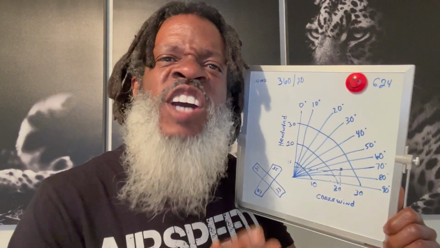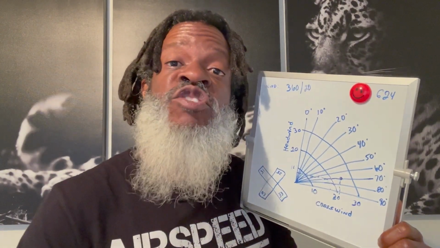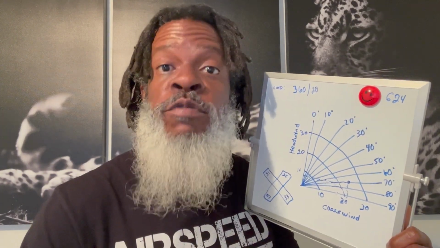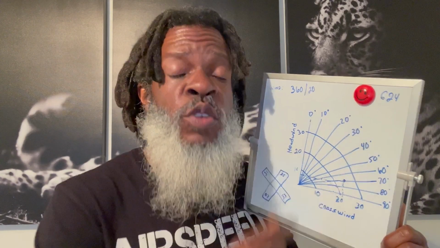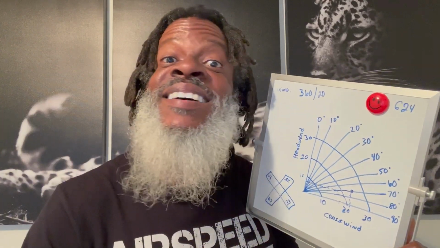Now here's a couple little secrets that you definitely want to be aware of when using this crosswind component chart. Let's just say you were given the winds, right? It's still 360 at 20, but then maybe they tell you there's a wind gust of 24. You want to make sure when you do these calculations that you're calculating off that 24, not just the 20. The reason being, the wind can gust at any time.